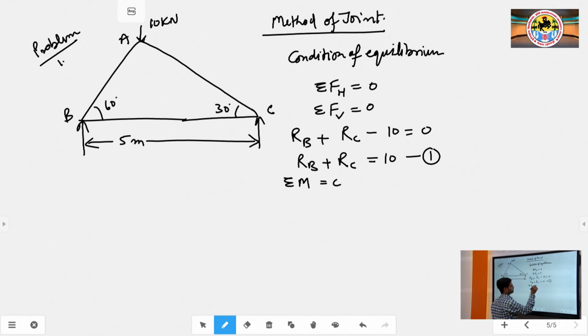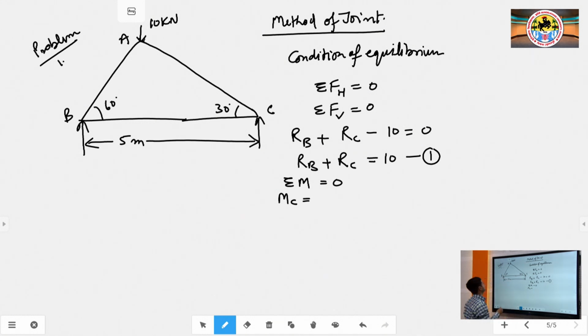Now, we apply the third condition of equilibrium, that the algebraic sum of the moments about any point of the space or within the truss should be equal to 0. For finding out the support reaction at point B, we need to calculate the moment about point C. So, we consider the moment about point C for all these forces.